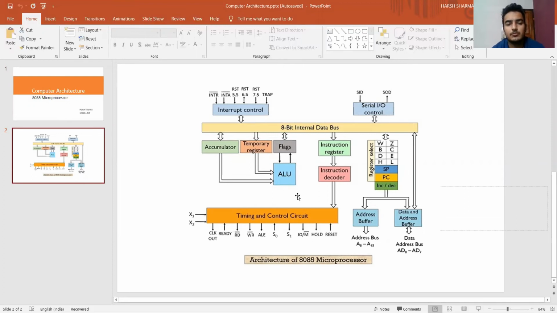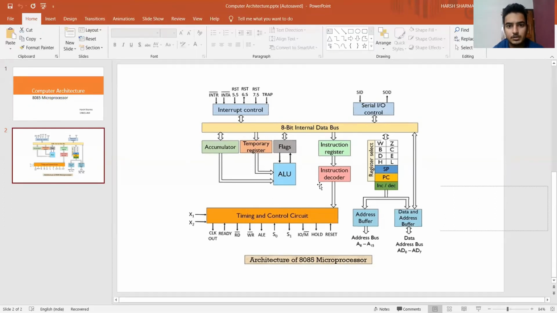The 8085 is the most commercially used 8-bit microprocessor, and it has three buses: the address bus, data bus and control bus. The address bus, as the name suggests, holds the address of the data.